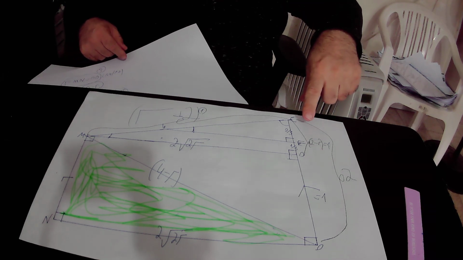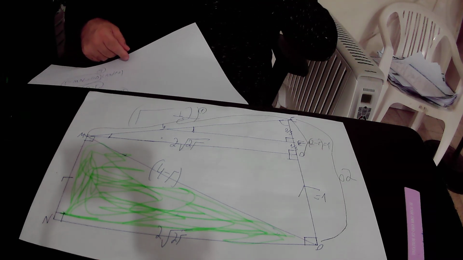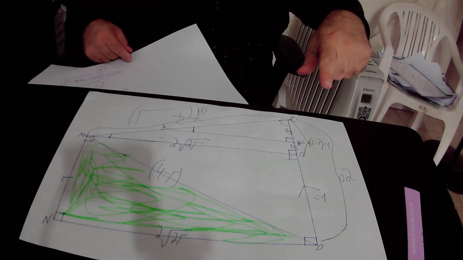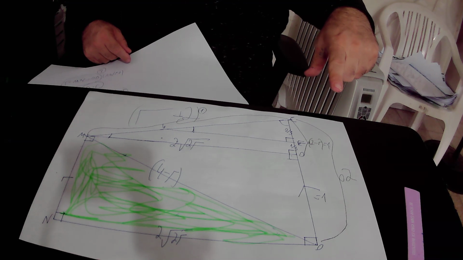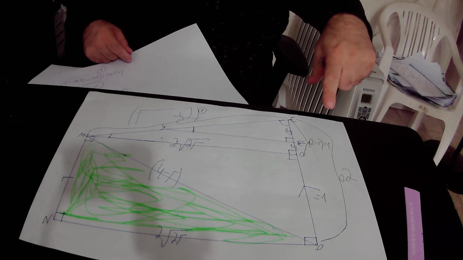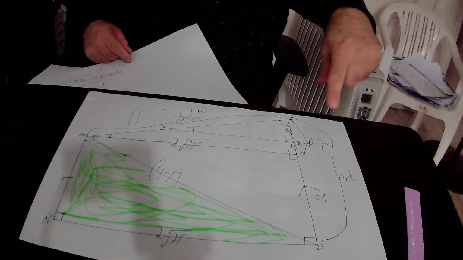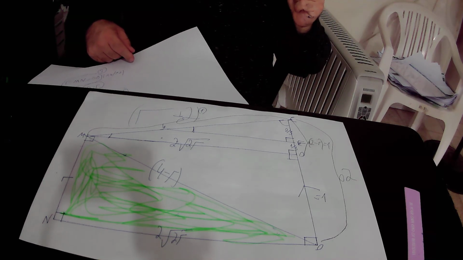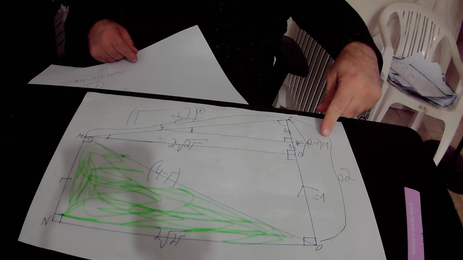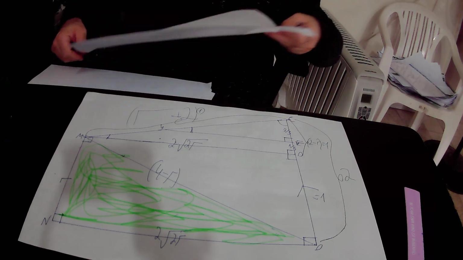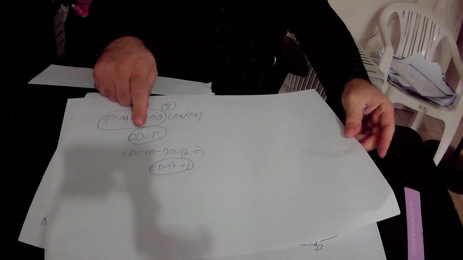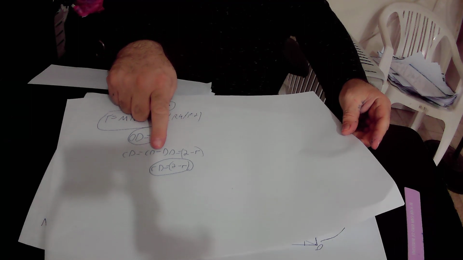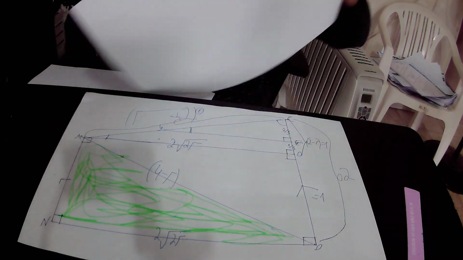So in total we got that CD equals 2 minus R, because it is CO that is 2 minus DO that is R. So we found out that CD equals CO minus DO, that is to say it equals 2 minus R.